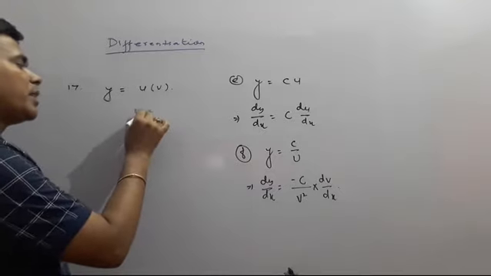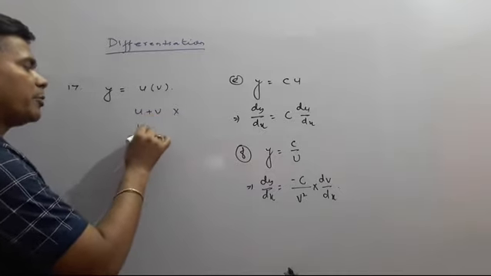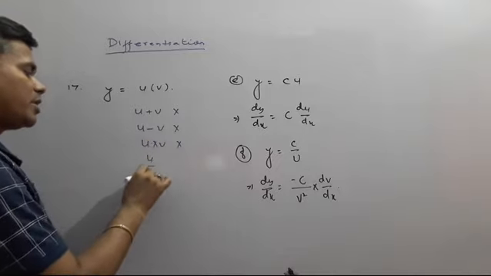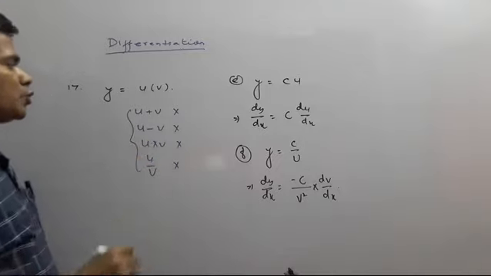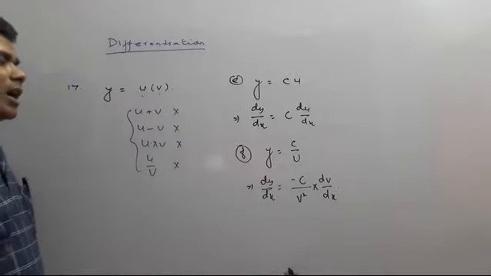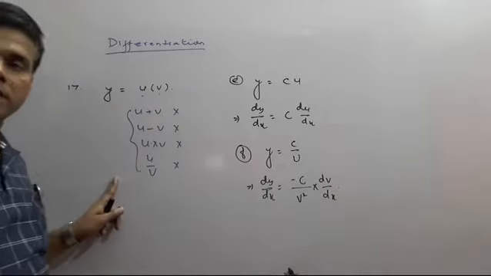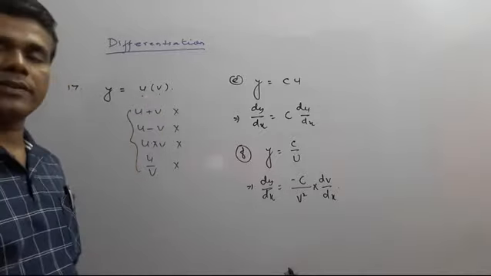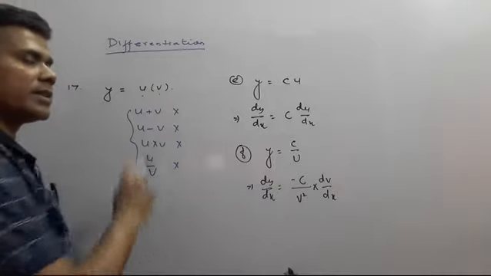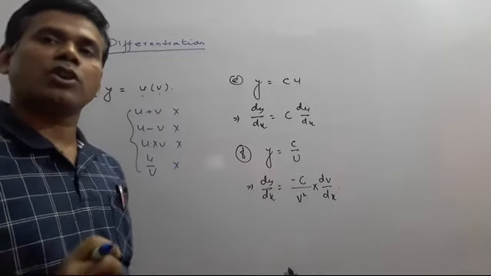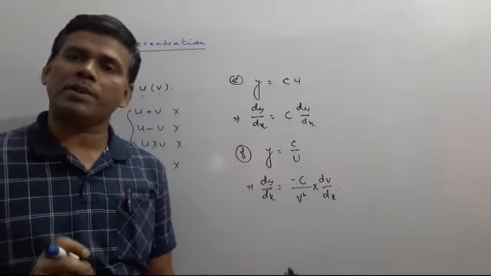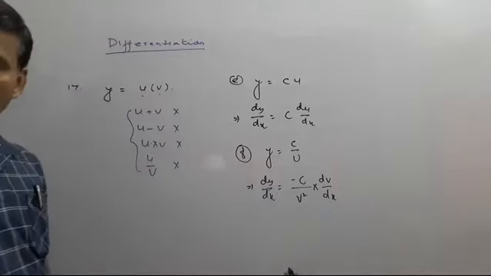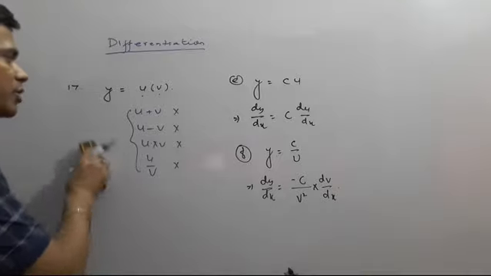Here u plus v, no. U minus v, no. U into v, no. U by v, no. Then if these two functions u and v are not connected with these four operations, what kind of operation comes in between? This type of operation is called the composite operation, meaning composite functions.